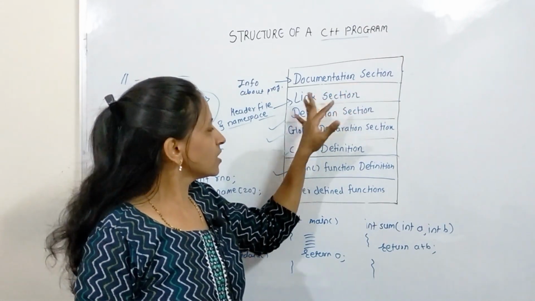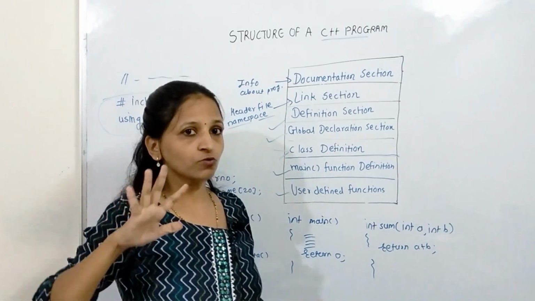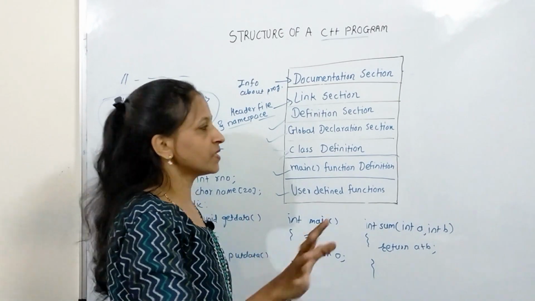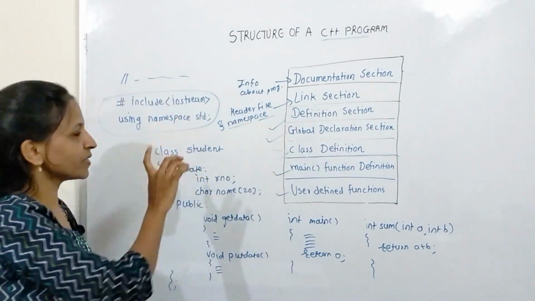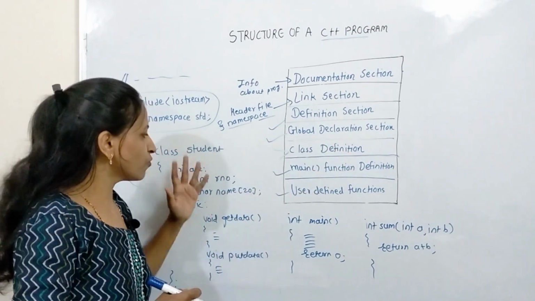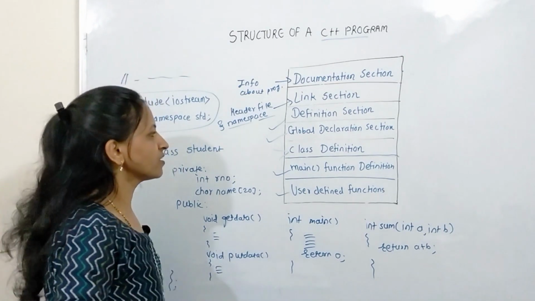Then the link section is a compulsory section. If you want to use input output in a program, then you have to include that header file, it is compulsory. Then you have to write the namespace, it is compulsory again. Next one is class definition. If you want to use object orientation in your program, then you compulsorily have to define a class first.